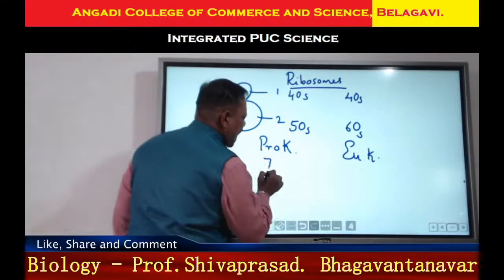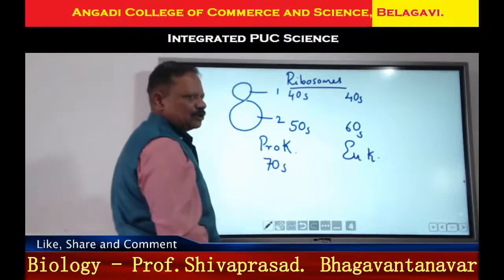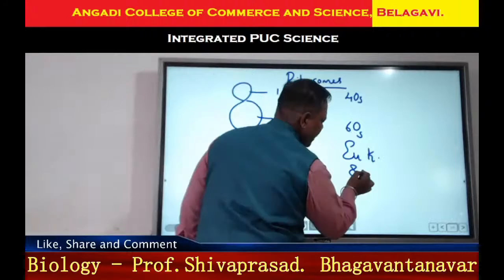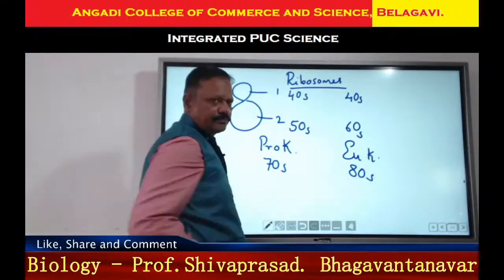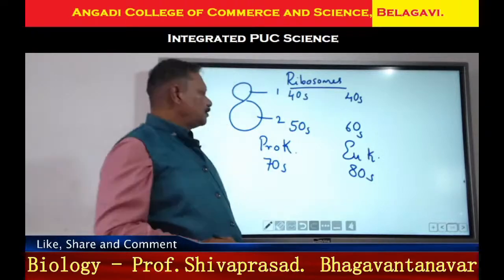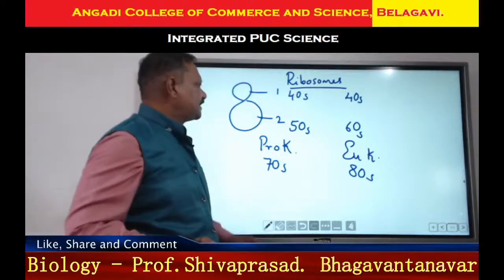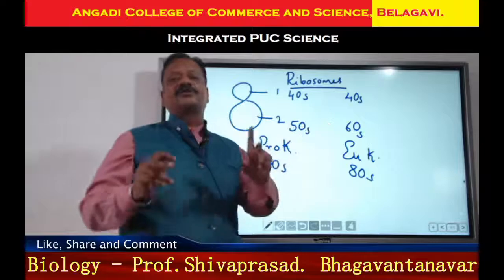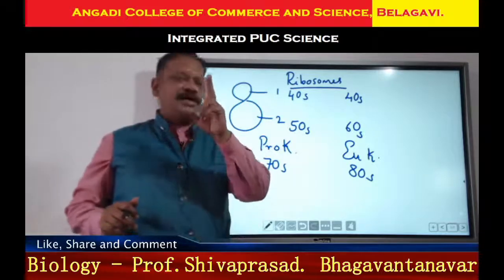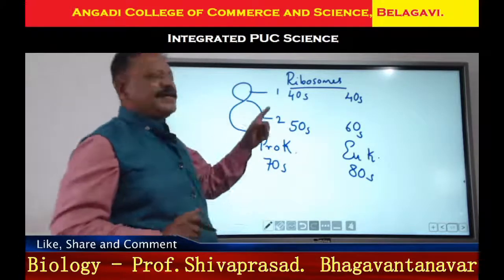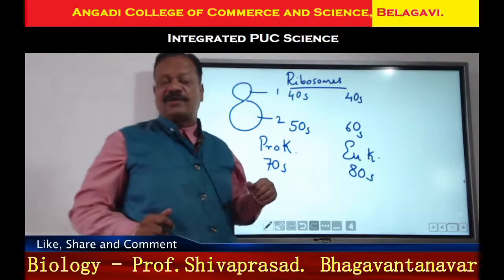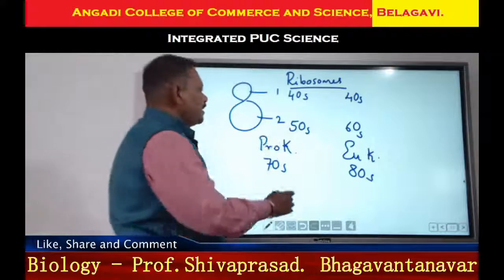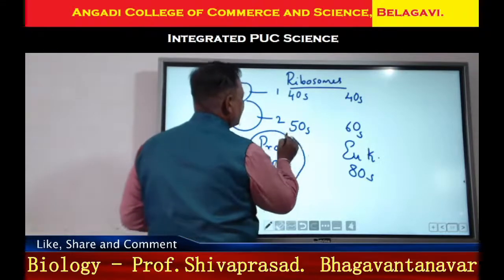Prokaryotic cells have 70S ribosomes, and eukaryotic cells have 80S ribosomes. So in the prokaryotic cell, the 70S ribosome has 2 units. The upper one is the 40S unit, and the lower one is the 50S unit in case of prokaryotic cells.